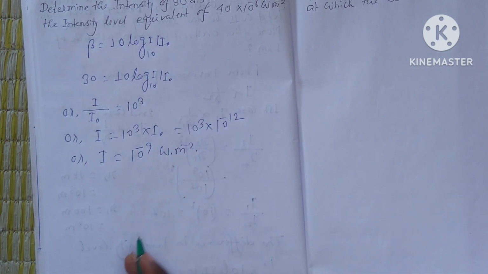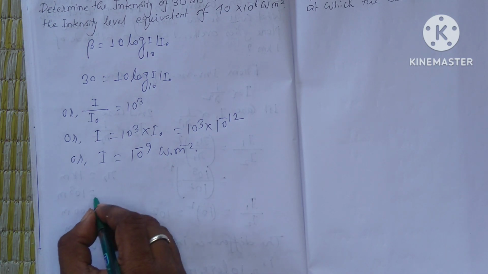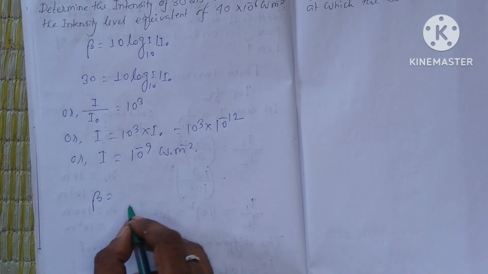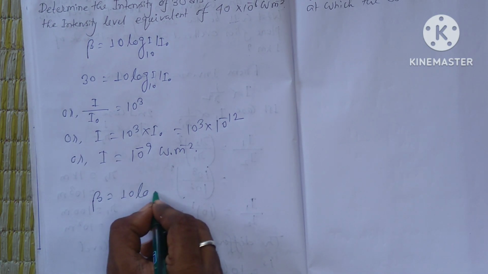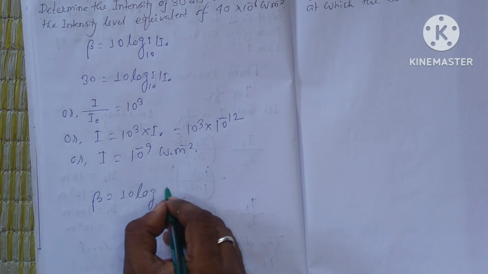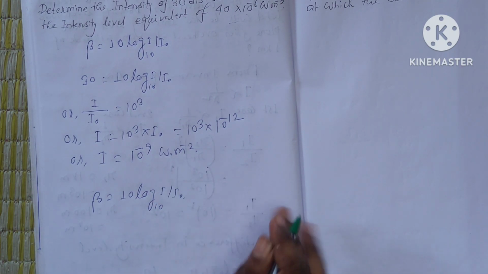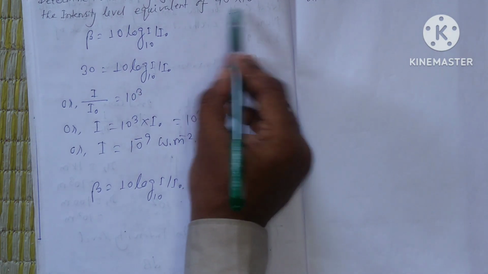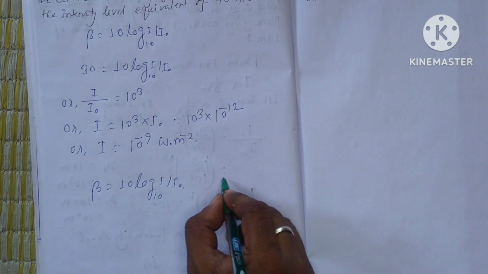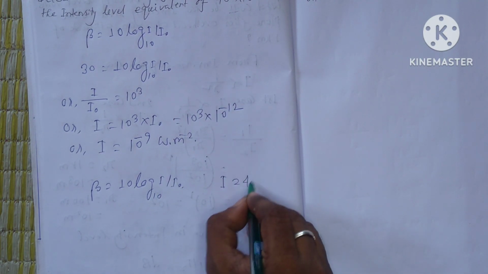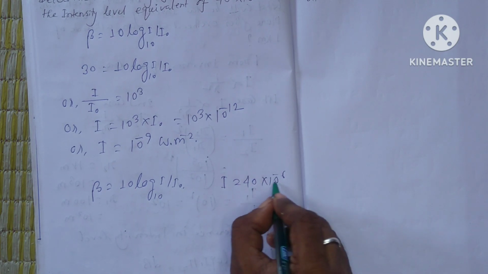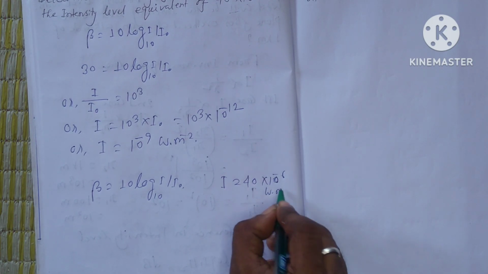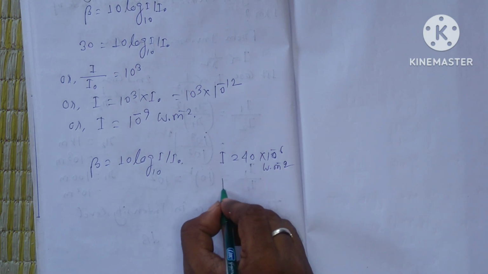This is then the second case. So beta is 10 log 10 base I by I0. So this is the value of I. I is given, that is 40 into 10 to the power minus 6 watt meter to the power minus 2.